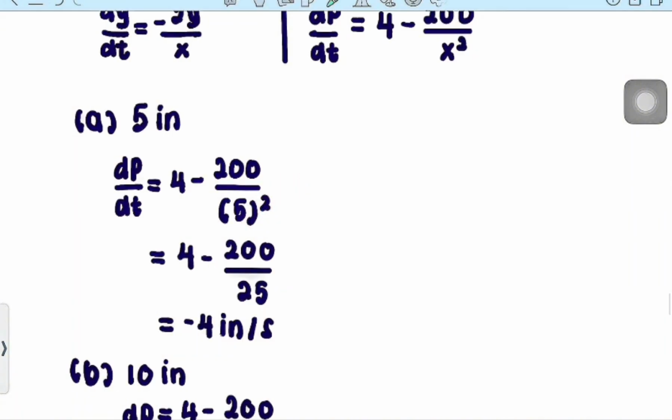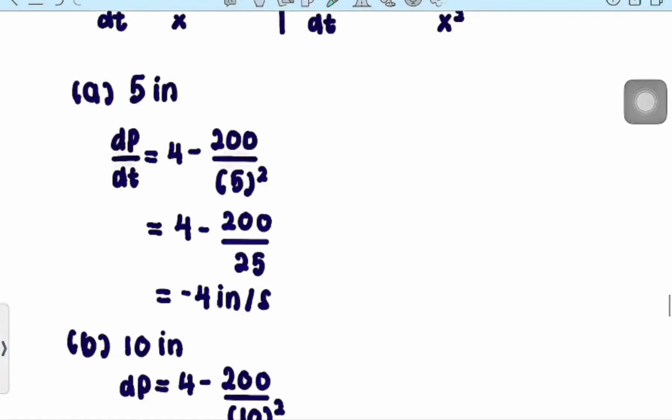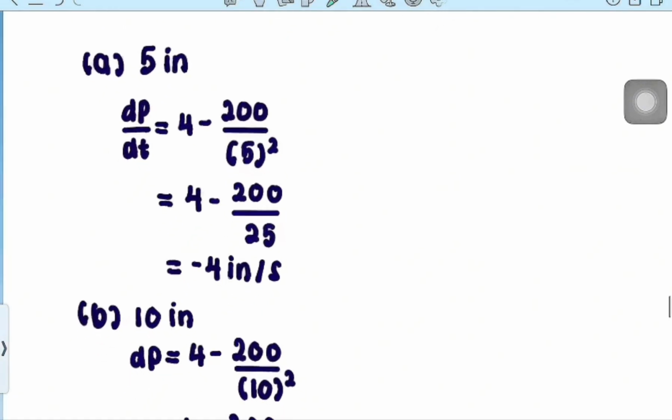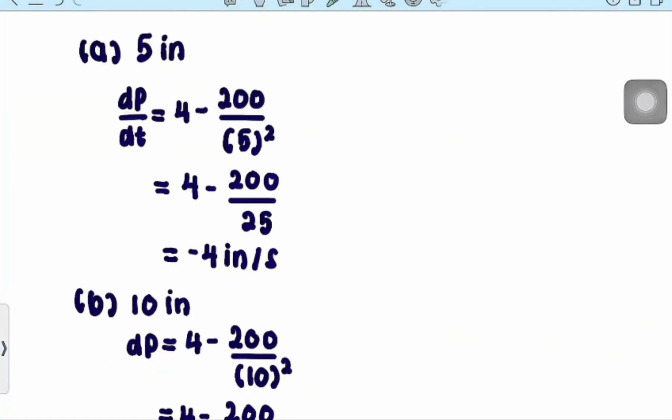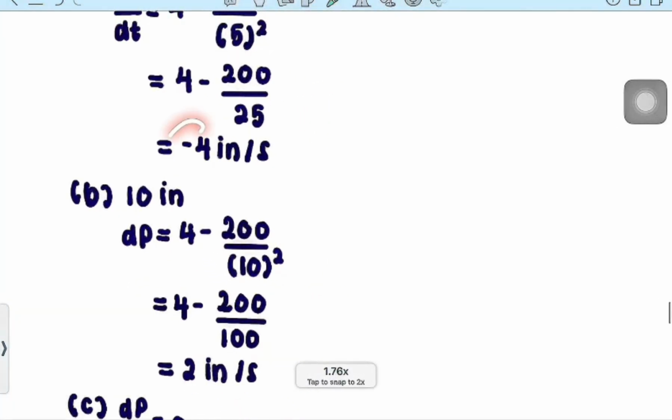After that, we calculate it as usual by using calculator, and we get this. This means the perimeter is decreasing because of the negative sign.